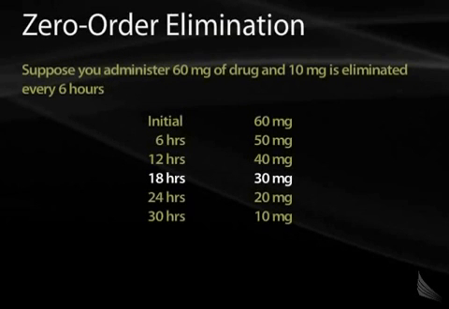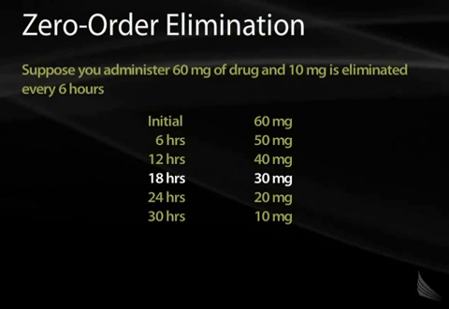However, if you were to give 60 milligrams of the same medication to the same patient, you would wait for the medication to reach 30 milligrams and then calculate your half-life, which would equal 18 hours.